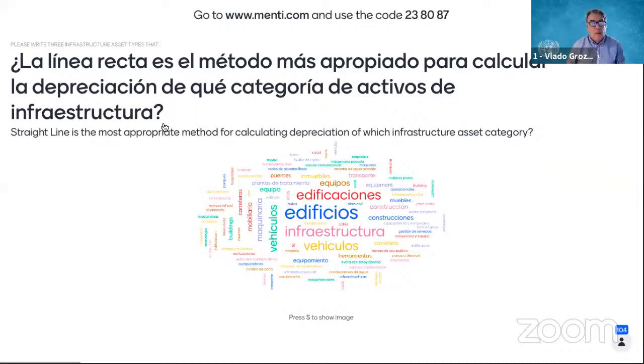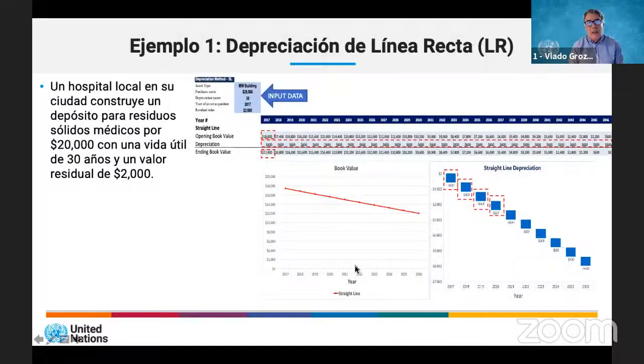Thank you. Now we're going to see diminishing or declining balance. These two methods, the double diminishing and diminishing balance, are used for assets, for example, for computers, for vehicles, and for some medical equipment, respirators, or on the example here, we can see for lab equipment purchased in 2017, and we can see from the graph on the right-hand side that the value of the assets, they start to lose.